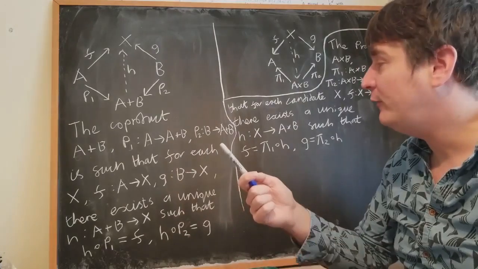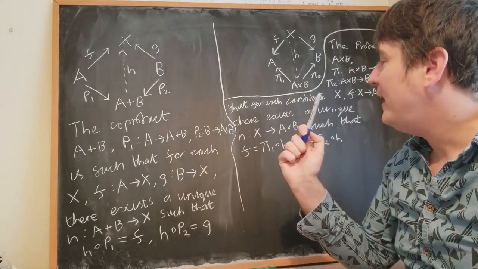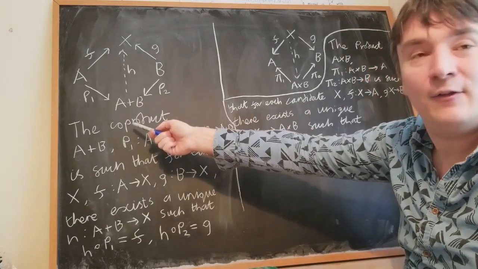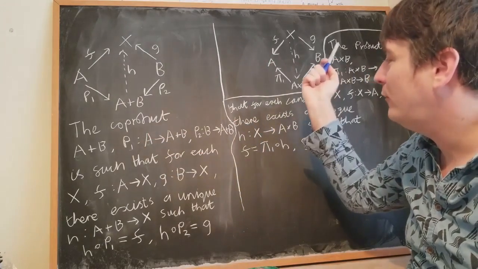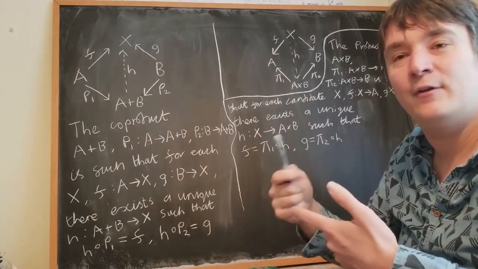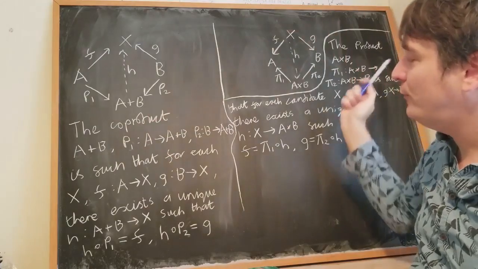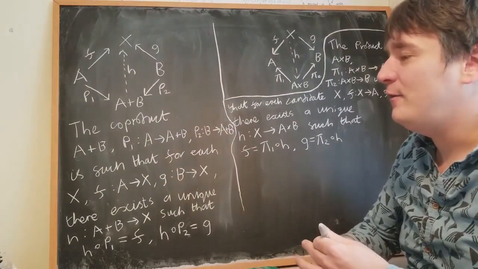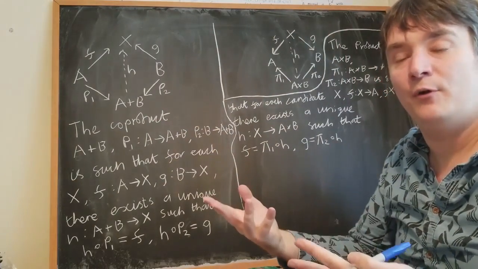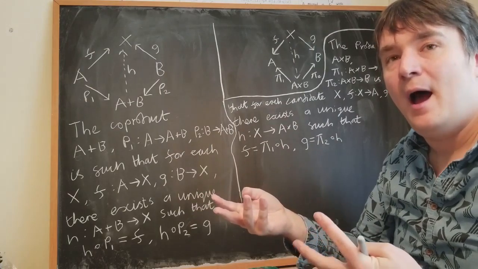And conversely, if something is the coproduct in a category C, then it's going to be the product in the opposite category. So these are dual notions to each other, and they have roughly equal importance in mathematics.